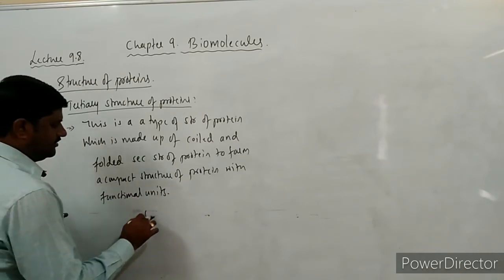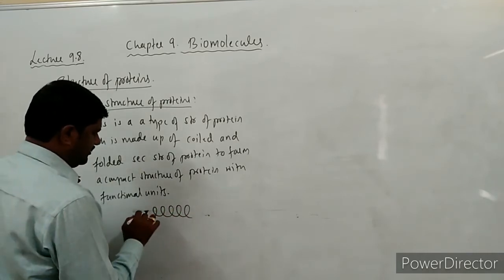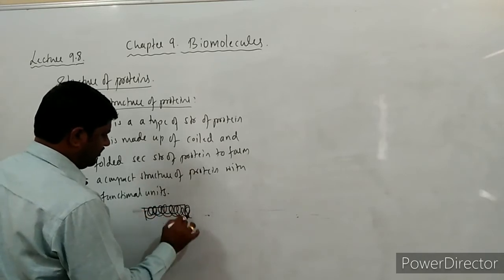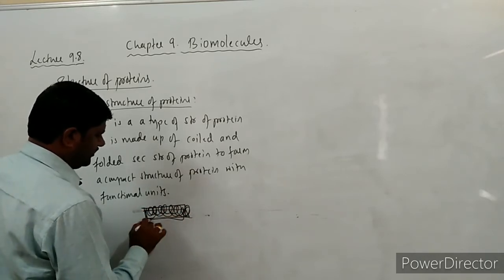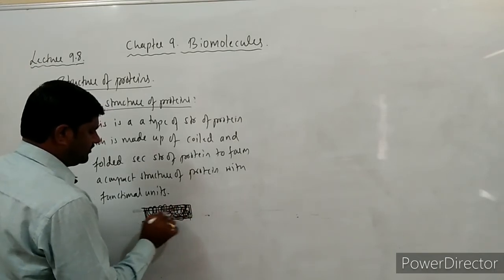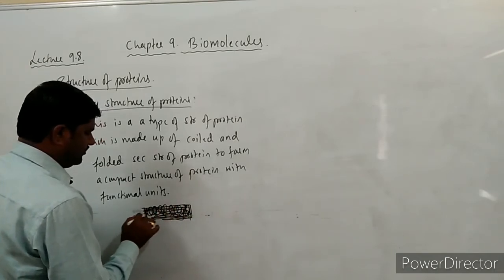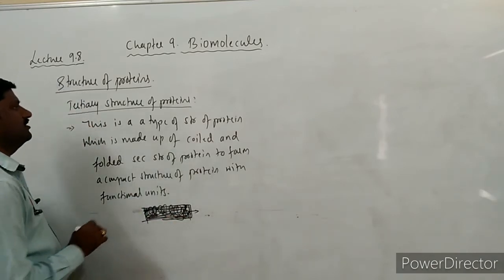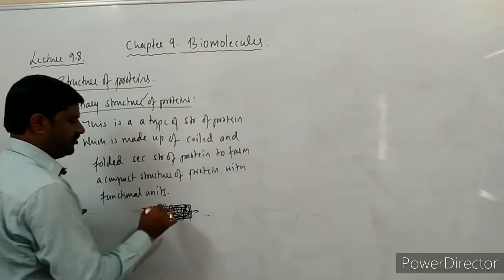So see here, this protein molecule coils and recoils so as to form one compact structure. This compact structure which is formed is said to be the tertiary structure of proteins.